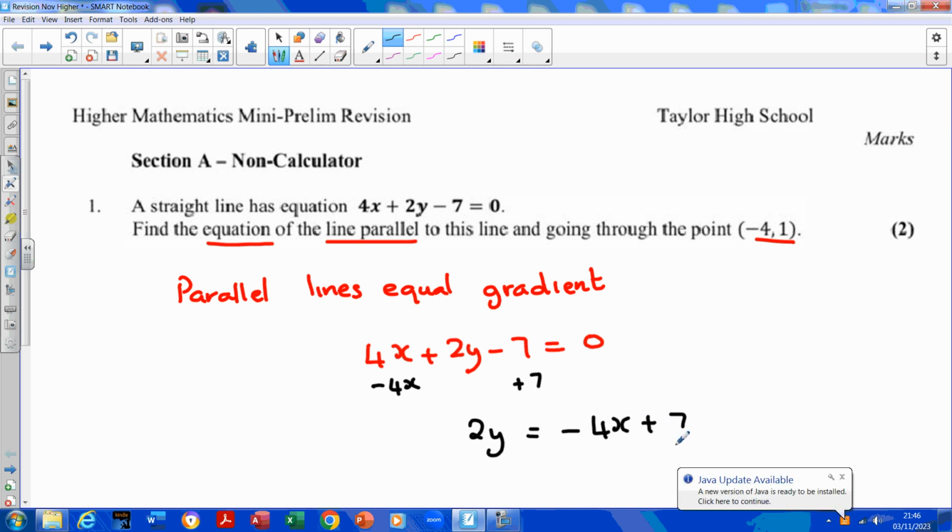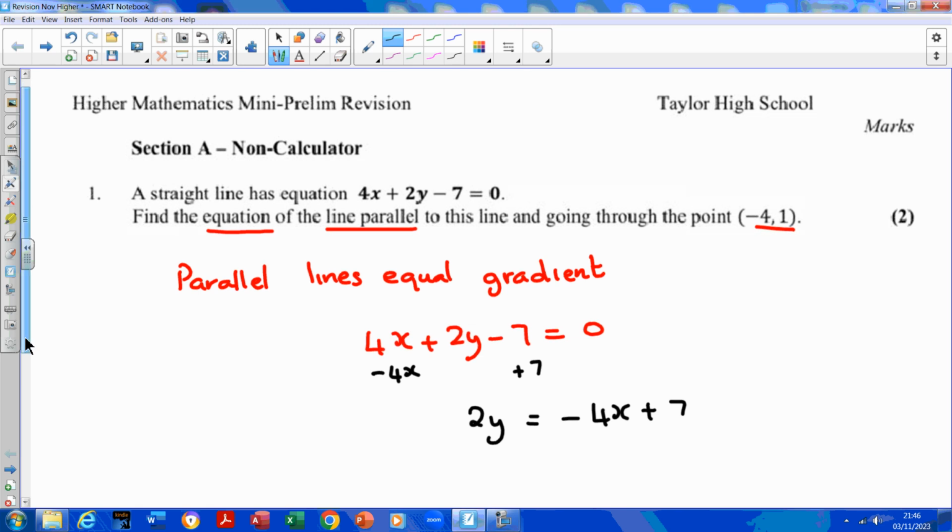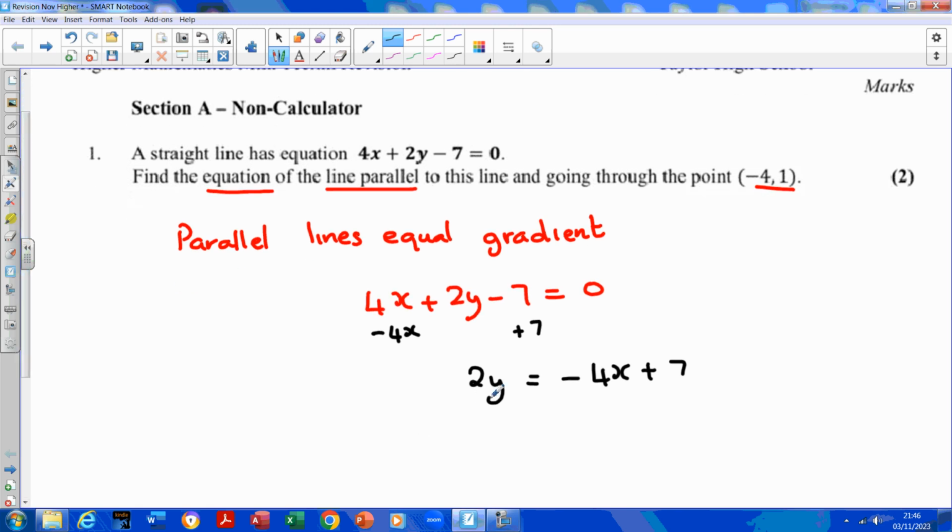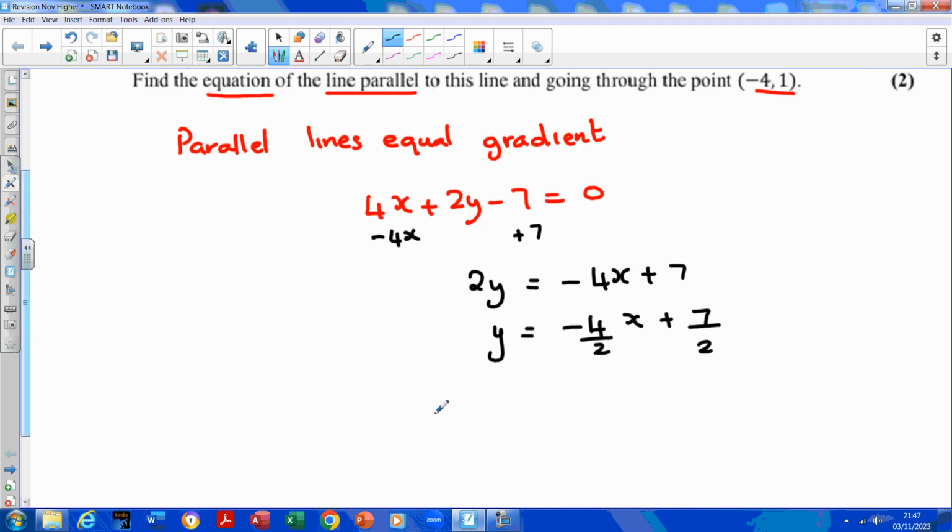Now I'm getting there, but still not 1y. So I've got to then get rid of this 2 times y. So to undo 2 times y, we divide everything by 2. So y is equal to minus 4 divided by 2x plus 7 over 2. Now the gradient there is minus 4 over 2, but that can be simplified.